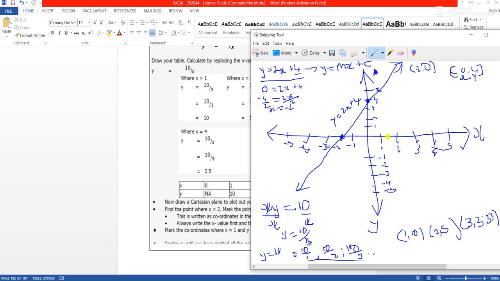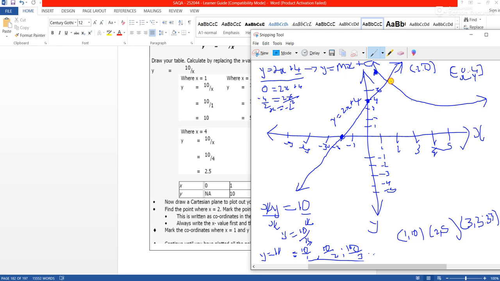And when x is 2 and y is 5, it's somewhere here, and 3, and it's 3.33, it has to be here. So your graph will be something like this.